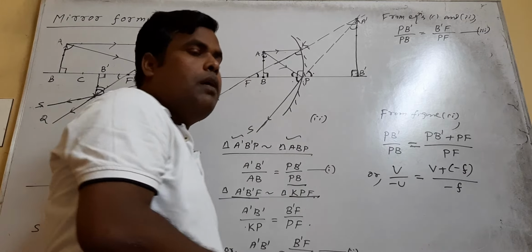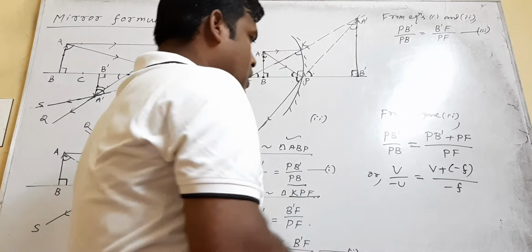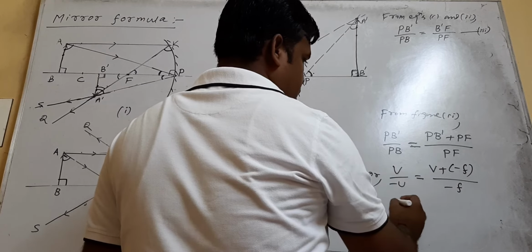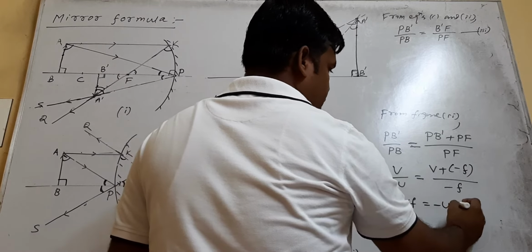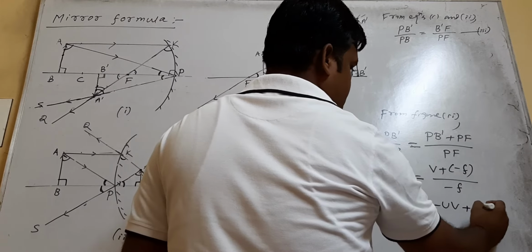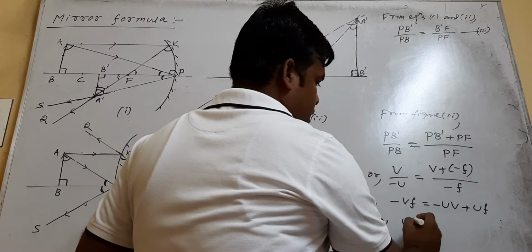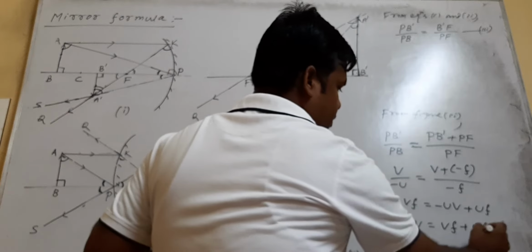So you remember, for the concave mirror, the focal length is negative. It is minus VF, it is minus UV and plus UF, or UV, it is VF plus UF.